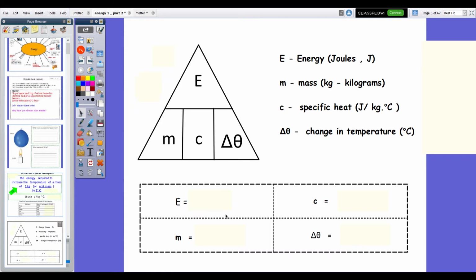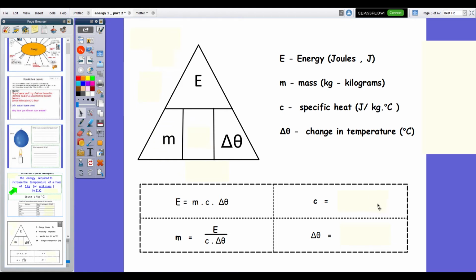So what can you see here? E equals, and we cover up E equals mc delta theta. What does M equal? You've got E on the top and C delta theta below. M equals E divided by C delta theta.